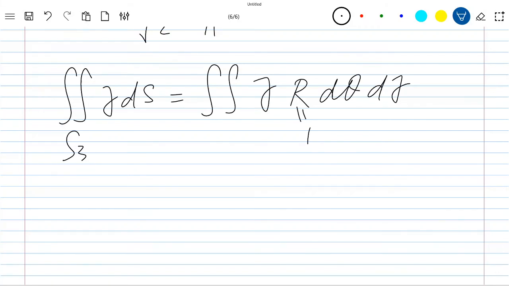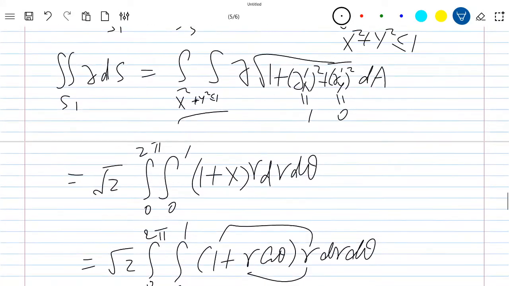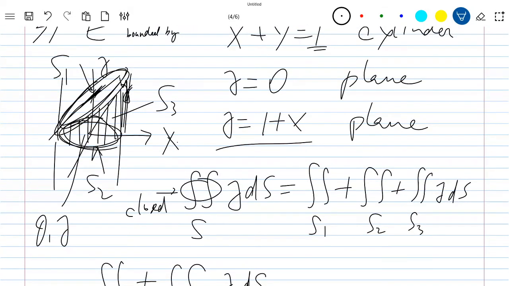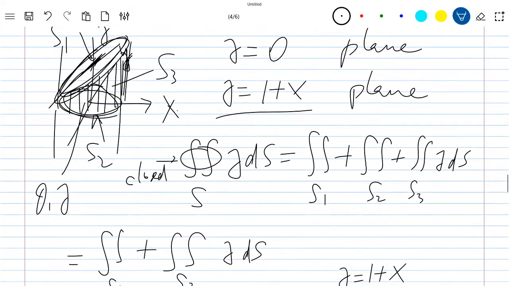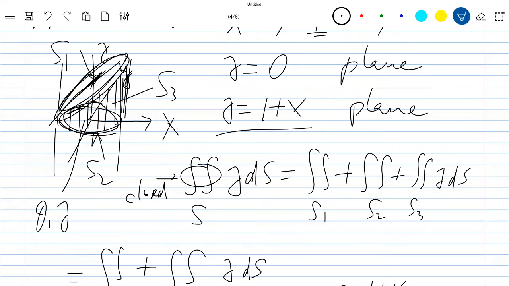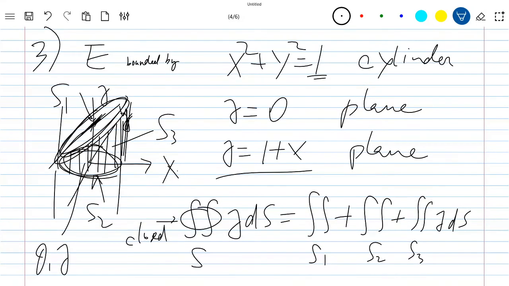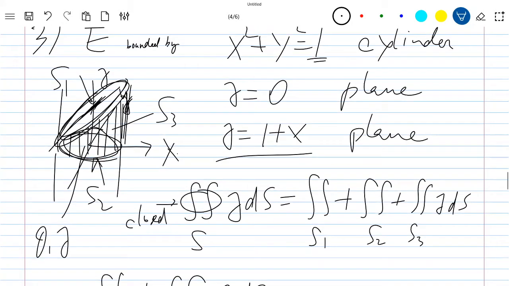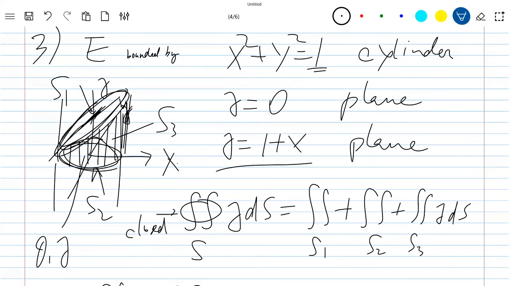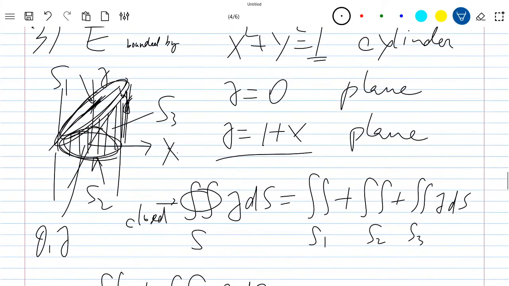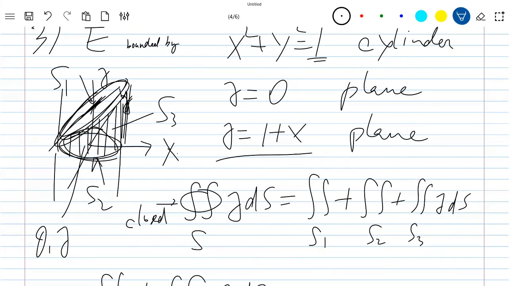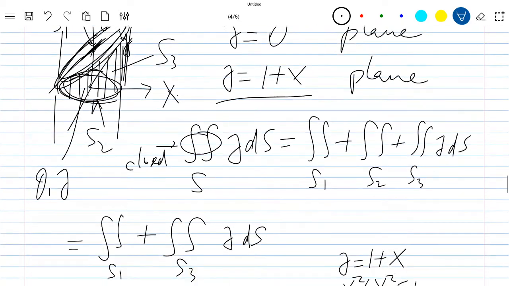Well, because this is not a real cylinder, it's a part of the cylinder, so z depends on theta, right? What is the relation between z and theta? It's here. z is between 0 and 1 plus x. And what is x? In this case, since r is fixed at 1, x equals cosine theta, right?